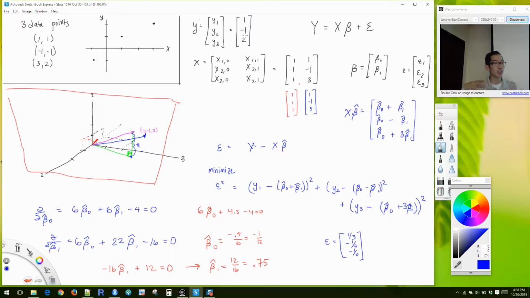So if you have 50 data points and you have 3 predictors, then you'd have three vectors representing the space in which you can fit your data. So you'd have a 3-dimensional space, and then you are going to project your 50-dimensional data vector onto the 3-dimensional space, which we cannot visualize really in our head.